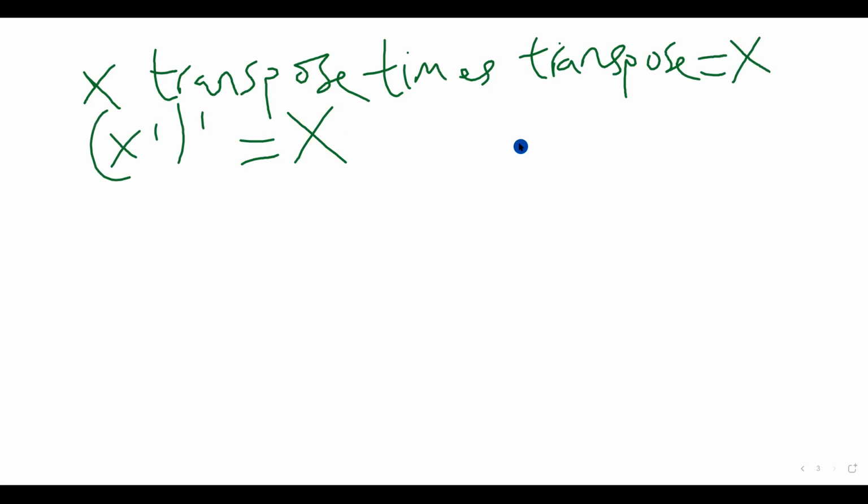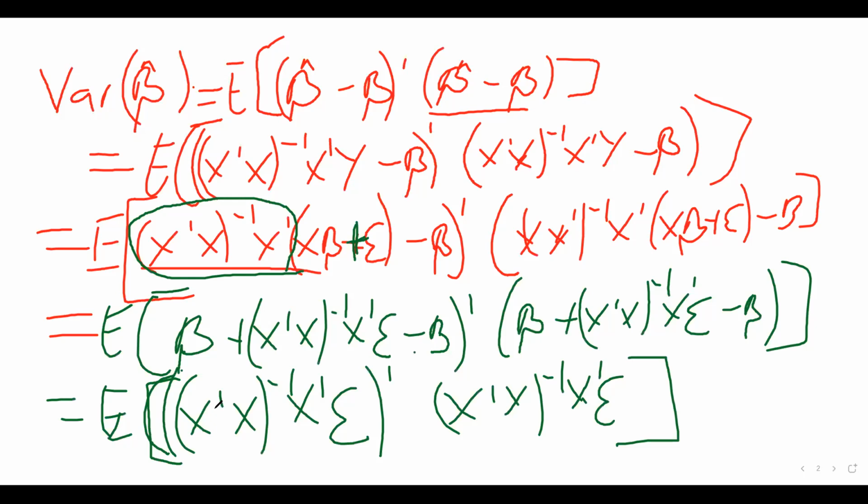Just focus. And so we are now ready to apply that principle in our own case here. So watch me here. This one has a prime, so it will be epsilon prime, and this one will be X transpose times transpose, so that will be X. X prime prime is X. And when you bring this prime to the ones here, everything will swap the other way.